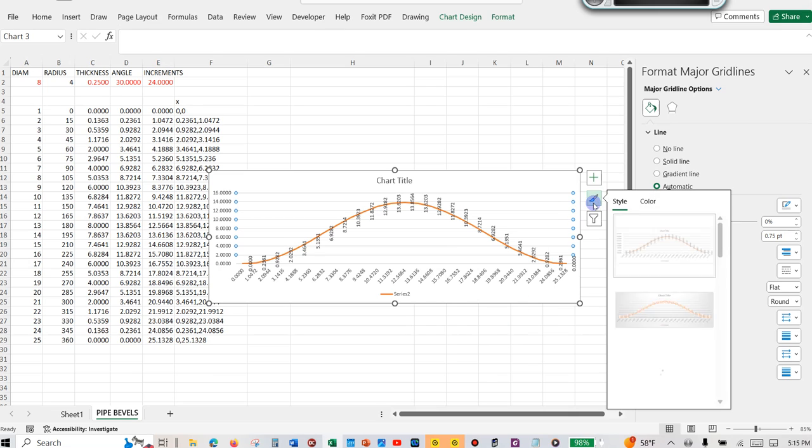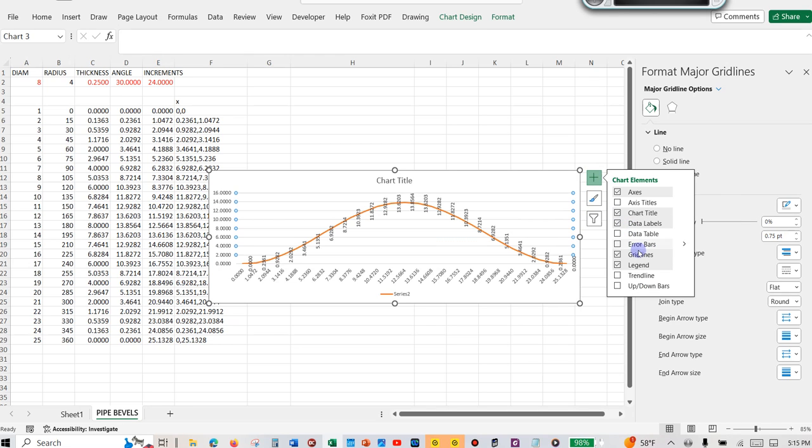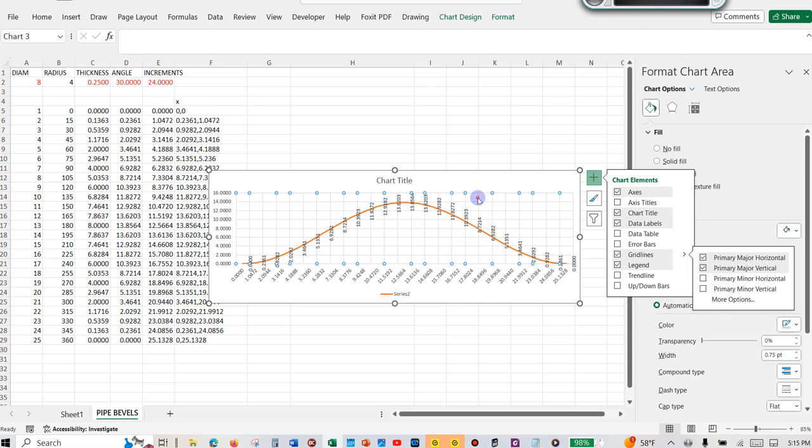I can add some grid lines. Grid lines, let's go here, do primary vertical. And then I can click on that.